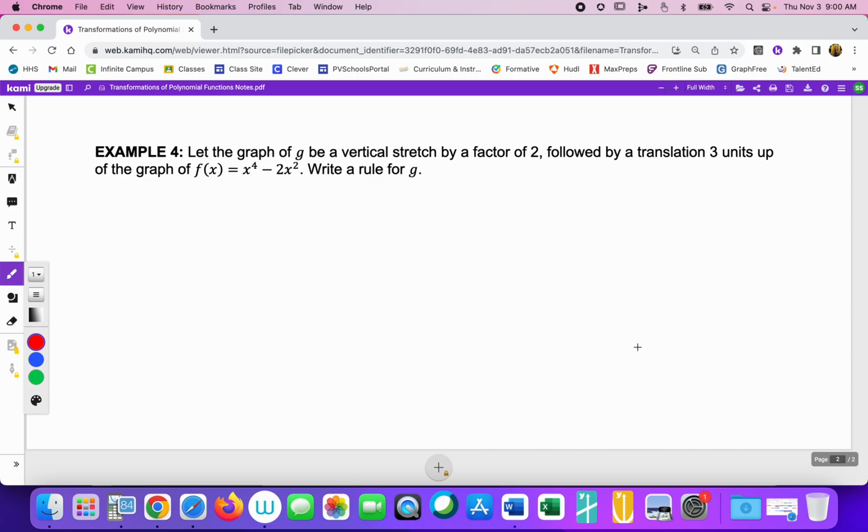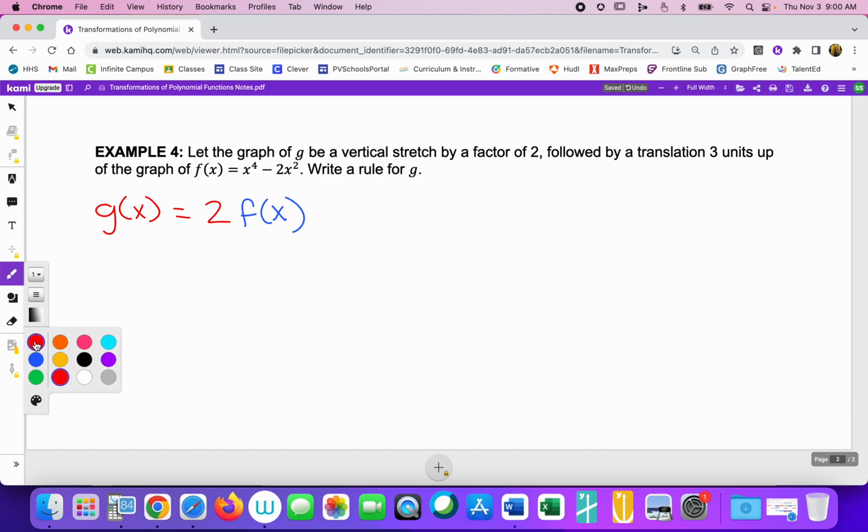So how is a vertical stretch by a factor of 2 shown? So would the 2 get distributed in? So it's 2 times the entire function. So if you want to write it out, g of x is going to be 2 times the f of x function.